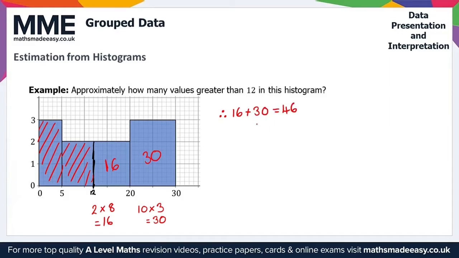That tells us there are 46 values which are greater than 12. Okay, so that gives us everything we need for estimation from histograms.